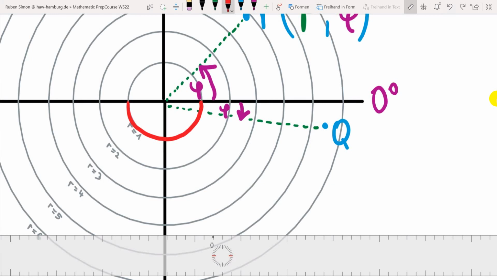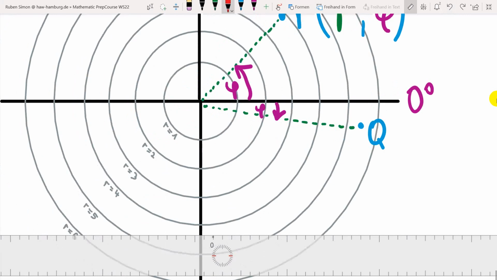So 3.14159 and so on. This will be the exact length of this bowed line. And that's why we say this angle is plus or minus pi.